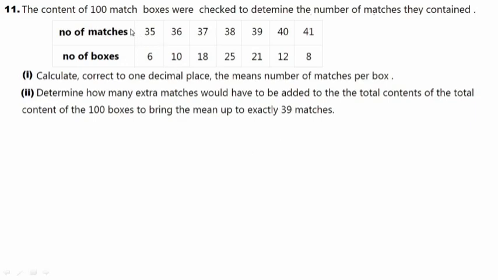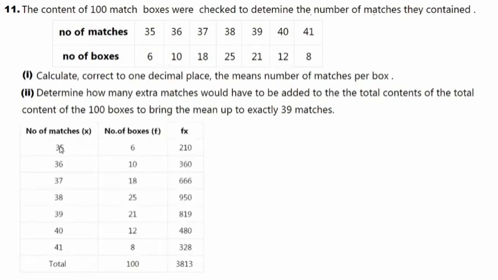Okay, so basically here the first row represents x and the next row represents your f. We have the number of matches written as x and the number of boxes written as f, and all of you know we have to find fx. So let me directly draw the column and write down the totals also, like the earlier problem. We need the total for fx and the total for f, right?